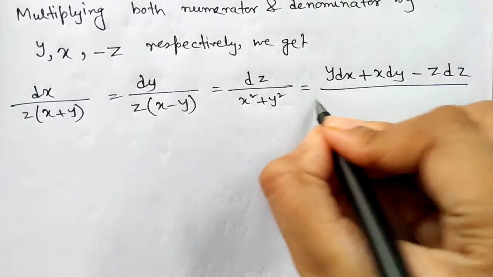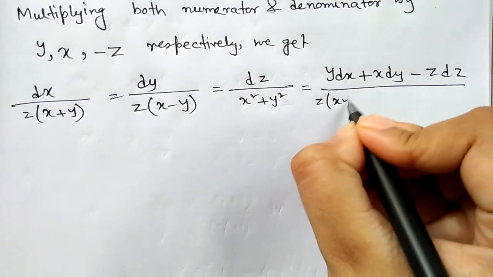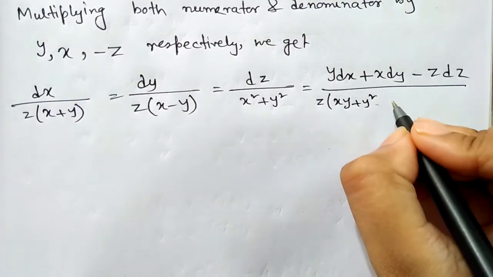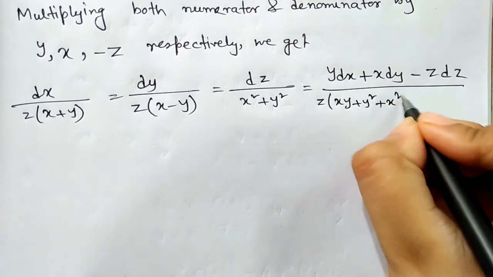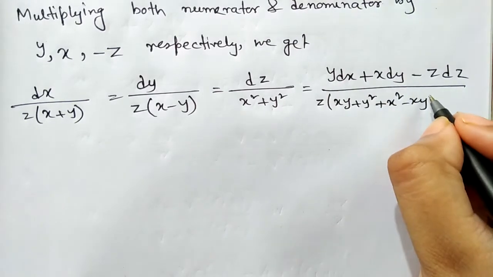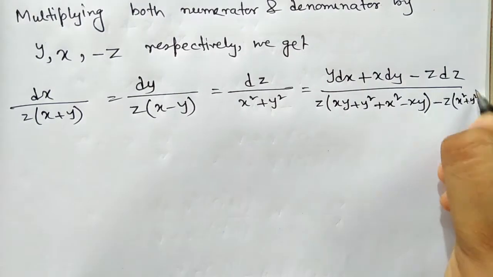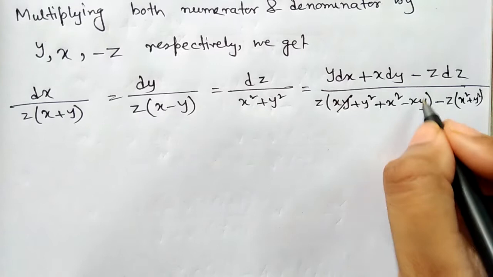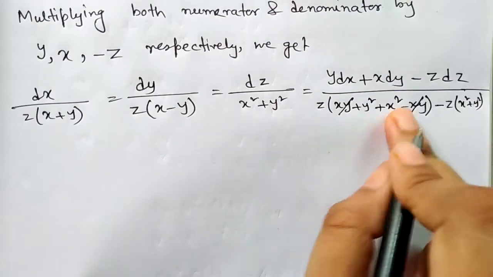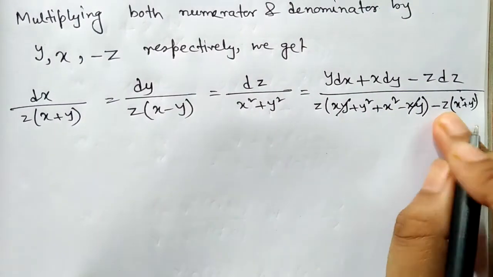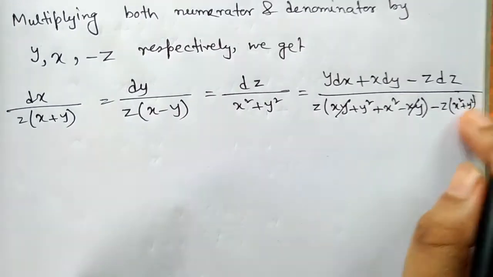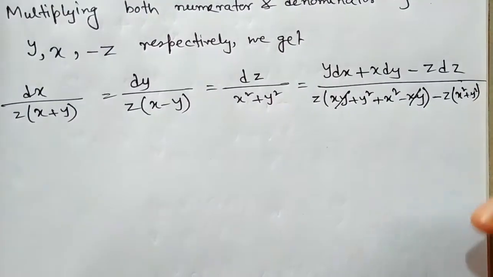...(xy + y² + x² - xy - z(x² + y²)). So similarly, see, xy cancels out, then z(x² + y²) and minus z(x² + y²), so the denominator will be 0.